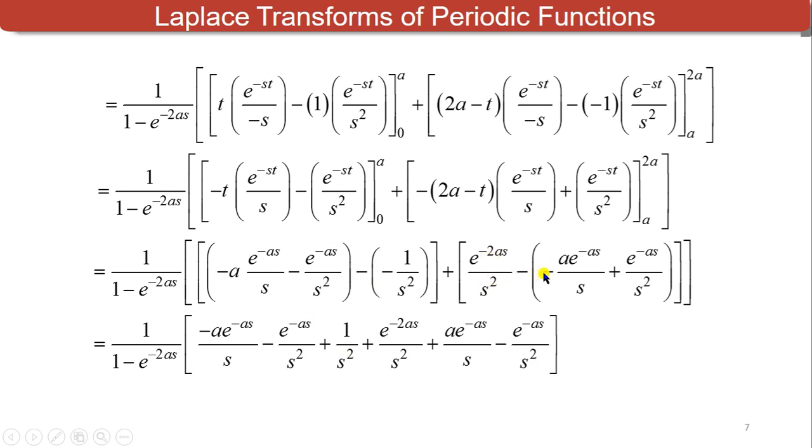So minus of minus plus a into e power minus as by s. So minus into plus becomes minus e power minus as by s square. Okay, so here a into e power minus as by s, which is positive here, minus a into e power minus as by s. We can eliminate these two terms, right?